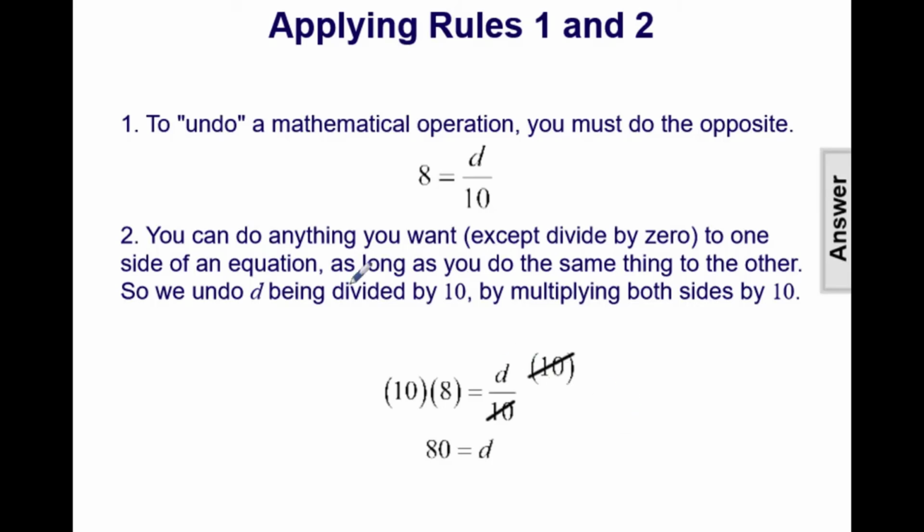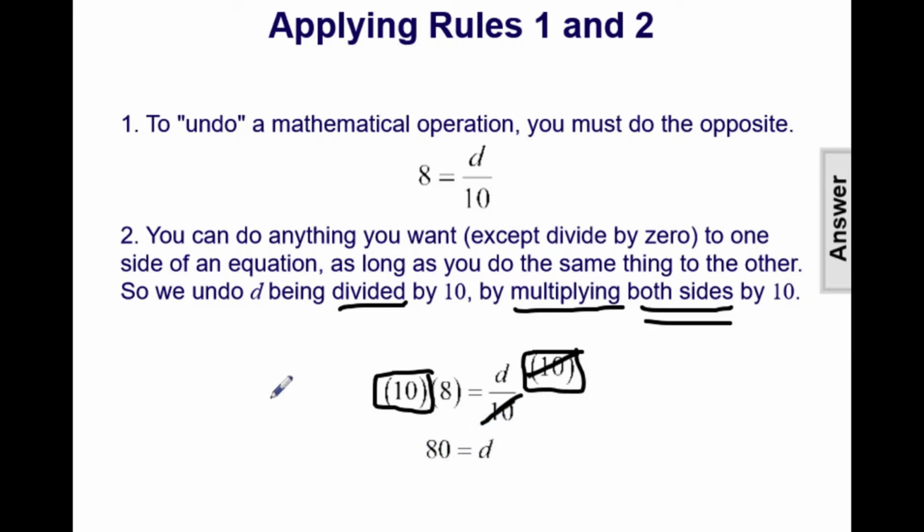So here, if we're trying to undo D divided by 10, the opposite would be to multiply by 10. And since we want to use rule number 2, we also need to multiply both sides by 10, which we can see down here. If we're multiplying both sides by 10, that is now undoing the dividing by 10 and leaving us with 80 equals D.